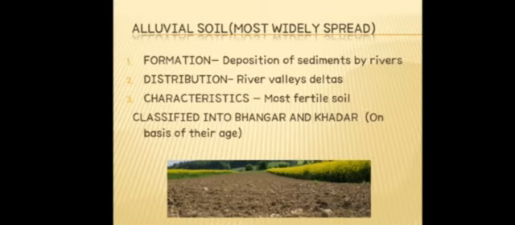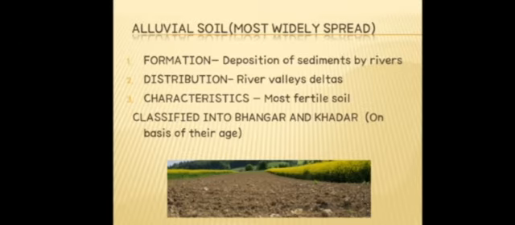This is the most widely spread and important soil. Distribution: these soils are found in river valleys as well as in deltas, and this is the most fertile soil. This soil is formed by deposition of sediments brought down by three major rivers: the Indus, the Ganga and the Brahmaputra.